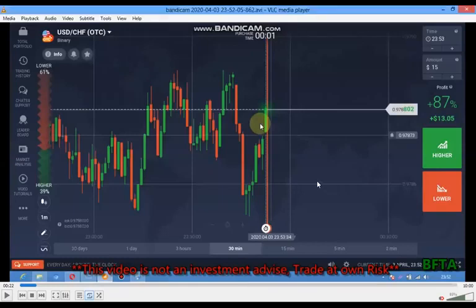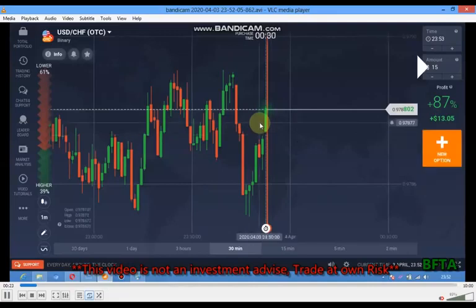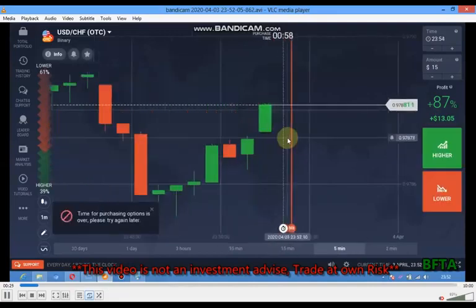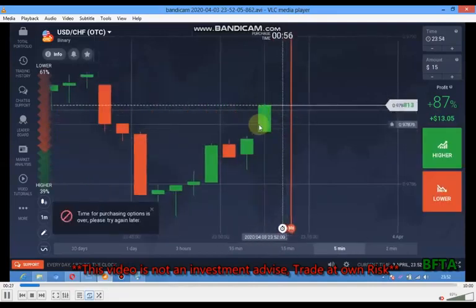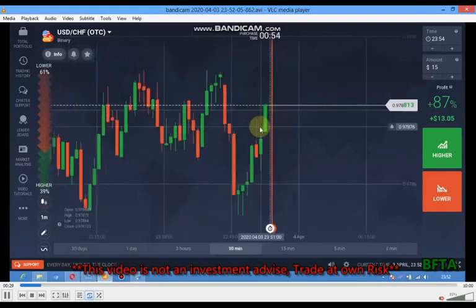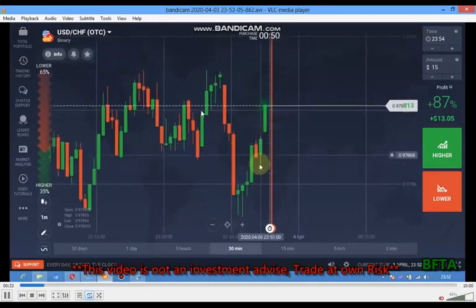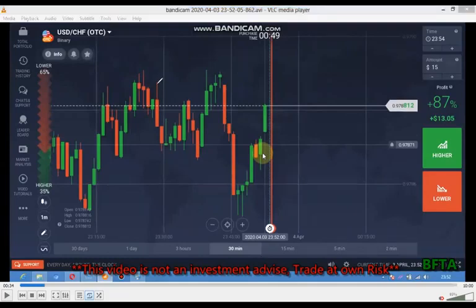Yeah, this one, I took this trade the day before yesterday. There's one thing I was looking at here for why I placed my trade. Let's see how this candle closes. You can see here that we have the buyers and sellers area.